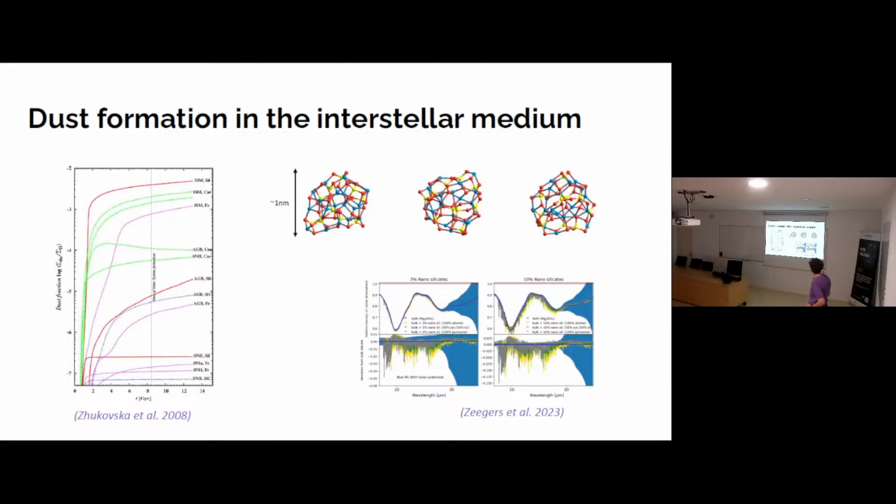So here is a simulation of some observations that we're currently undertaking on the James Webb Space Telescope, where you see substructure that is due to these nanosilicates. We hope to be able to detect them. This panel shows 3% nanosilicates, so in terms of silicon, 3% of the silicon is locked up in nanosilicates, and here 10%. These are the very smallest grains, and we hope to be able to detect them.